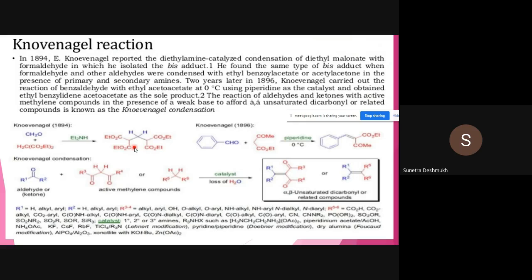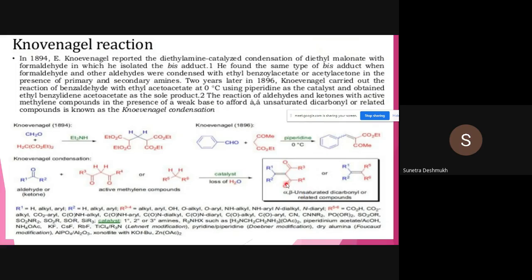Again, in the next two years, he did one more reaction in 1896. He reacted benzaldehyde with ethyl acetoacetate at 0 degrees centigrade in the presence of piperidine to afford these alpha-beta unsaturated dicarbonyl or related compounds. And this is nothing but the Knoevenagel condensation.